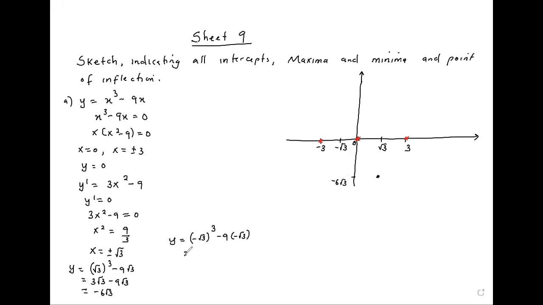So we get -3 root 3 plus 9 root 3, giving us 6 root 3.